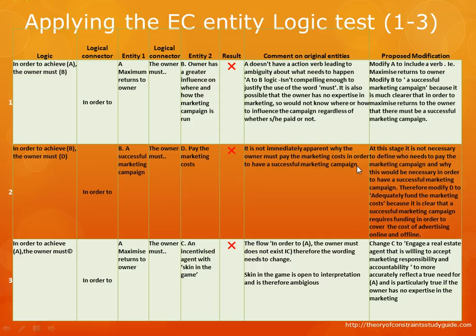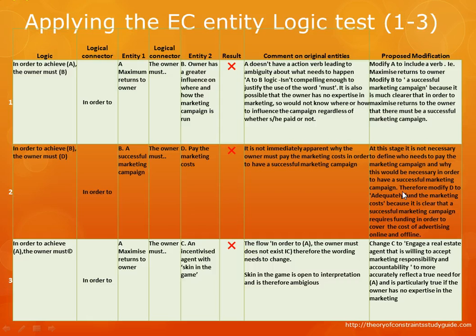So again, the word "must" is giving me enough cause to suggest that this relationship is not strong. So my proposed modification is that at this stage it's not necessary to define who needs to pay the marketing campaign and why this would be necessary in order to have a successful marketing campaign.